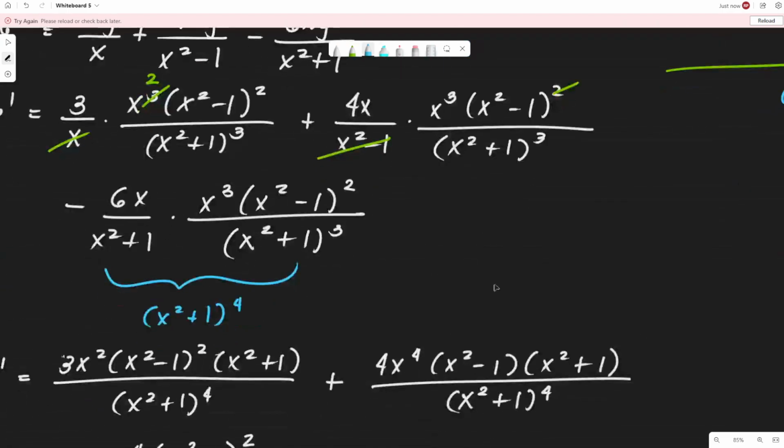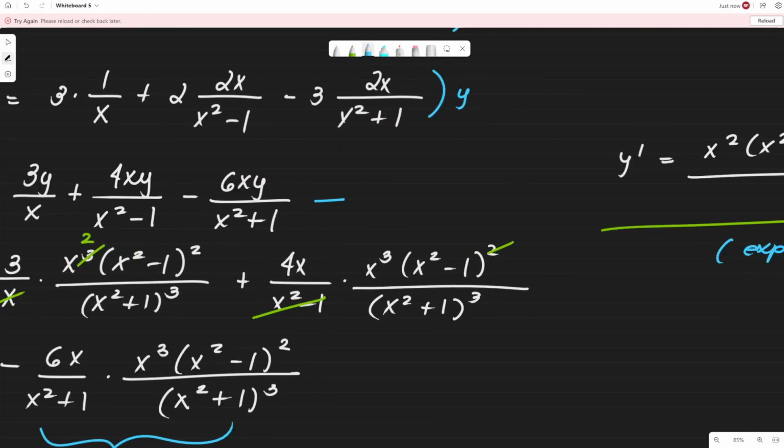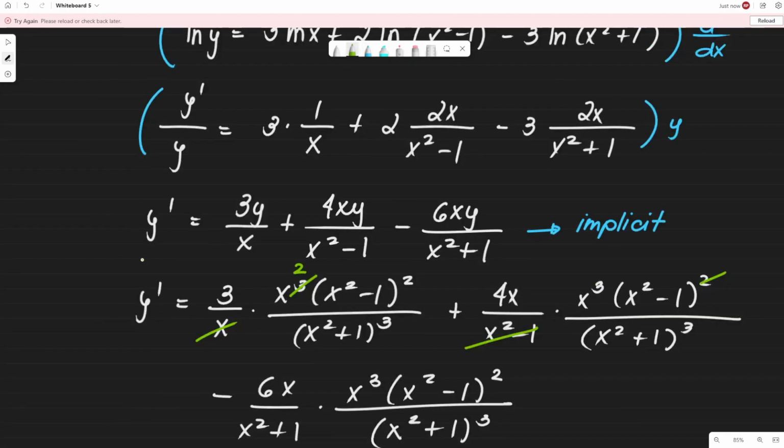So yung kanina, asan na yun? Ito, this one's the implicit. Or you can combine actually, but it does not matter naman.